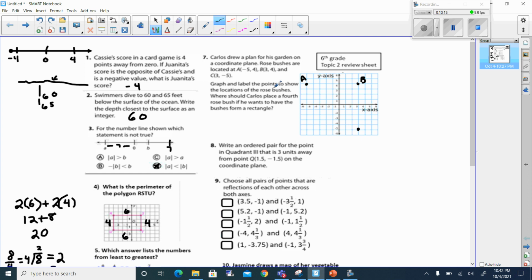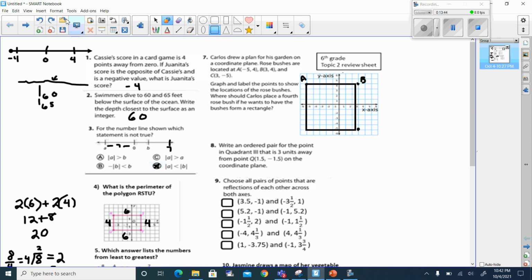And now they're saying, graph and label the point to show the location of the rose bushes. We just did that. Where should Carlos place the 4th rose bush if he wants his bushes to form a rectangle? Well, if he's forming a rectangle, just going to check this out really quick. And he started here. That would tell me that his next coordinate's got to be, yeah, you guessed it, right there.